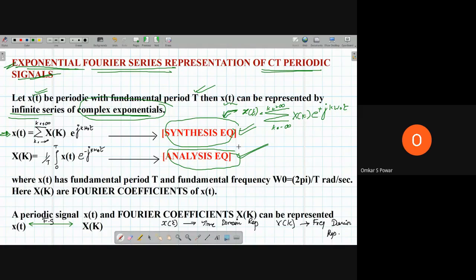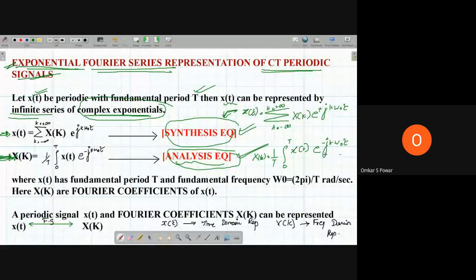Then the second one is known as the analysis equation. X of k is equal to 1 by T integral 0 to T x of t e power minus j k omega naught t.